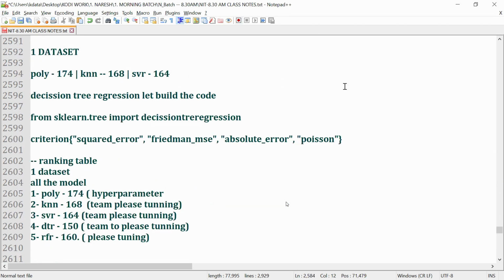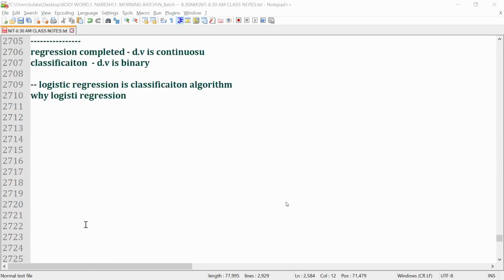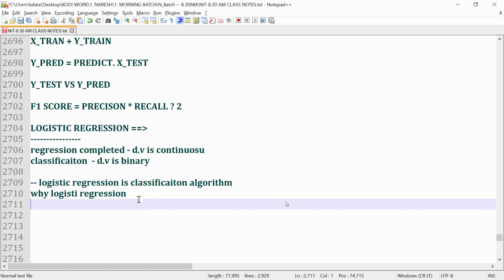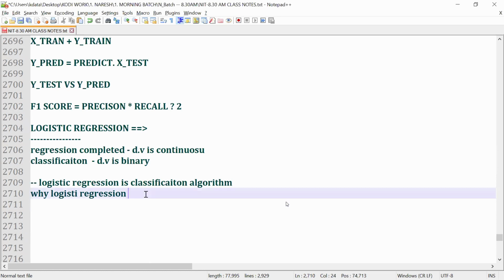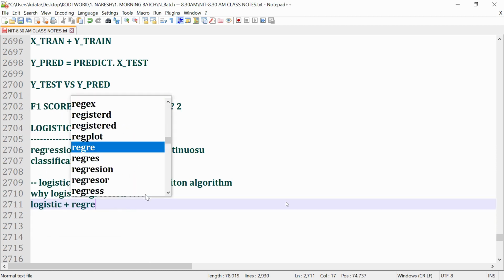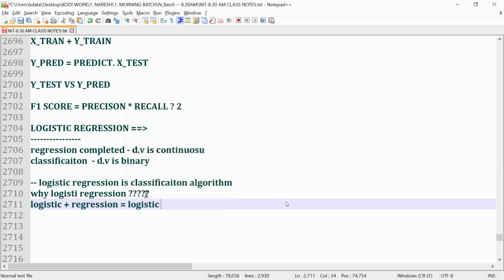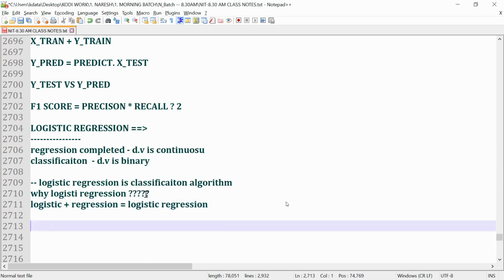Okay. Now let's go ahead to another one, which is classification. Logistic regression is a classification algorithm, but the question is why they mention it as logistic plus regression, isn't it? Logistic plus regression is equal to logistic regression.